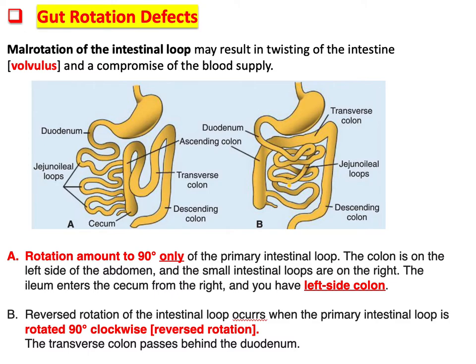Again, we talked about the abnormality of the midgut. Sometimes there is a problem or defect in the rotation. So again, malrotation of the intestinal loop can result, as I said at the beginning, in volvulus of the small intestine or large intestine, and this will compromise the blood supply and lead to gangrene and necrosis of that part of the intestine.